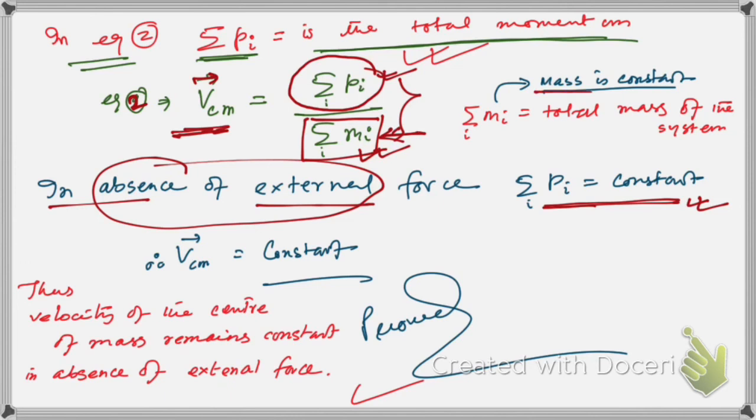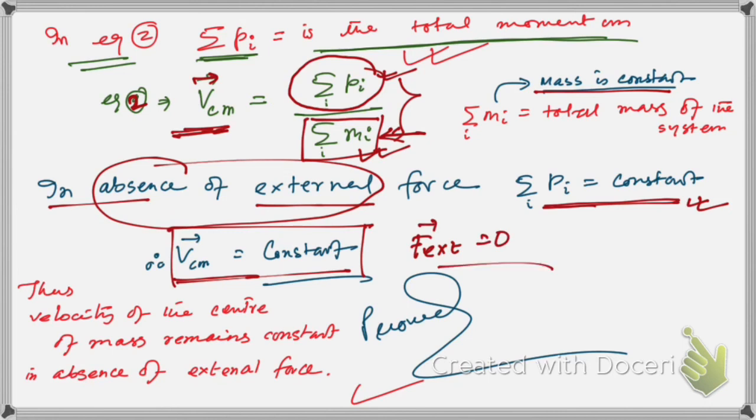We know that fact, right? So that's why this velocity is also constant in the absence of external force, if the external force is 0, right? So that's how we can write this answer.